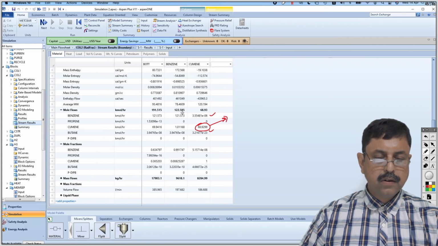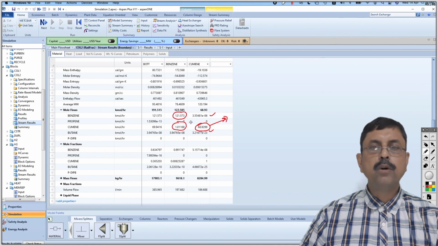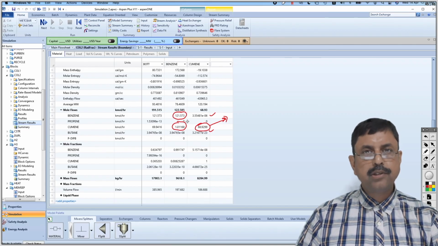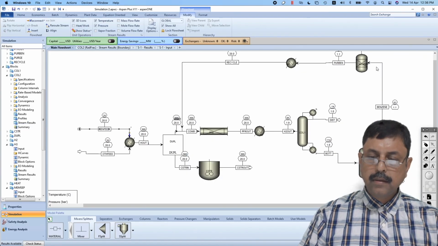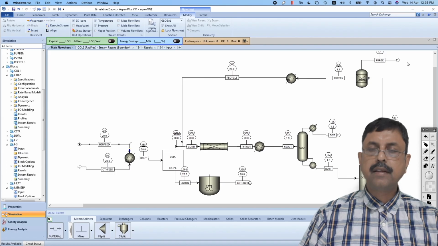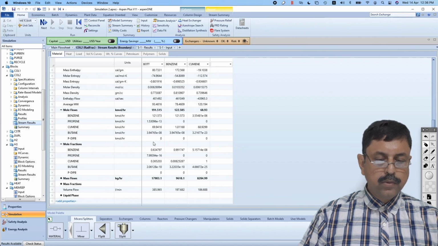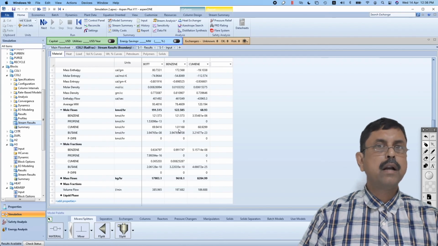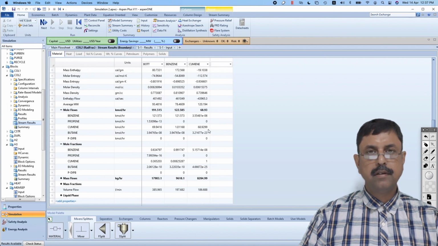The benzene line, obviously, will have the most benzene, which will be purified. In the bargain, you are losing 1.01 kilomole per hour of cumene through the purge, because this benzene line passes through the membrane separation unit and pure benzene is sent over here. The rest is purged, so cumene is being purged over here. You are losing 1.01168 kilomole per hour of cumene through the purge, but the rest you can obtain.